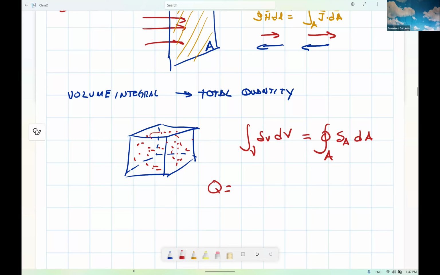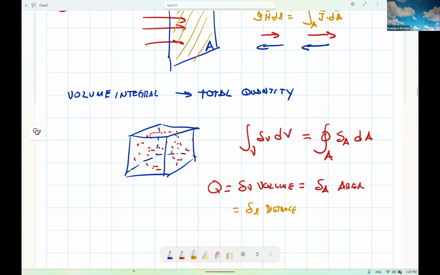The charge will be a volumetric distribution times volume. It will also be a surface distribution times surface, and the abstraction that doesn't really exist, which is the linear distribution times distance. This will be times area.